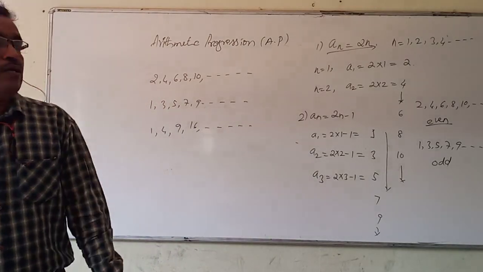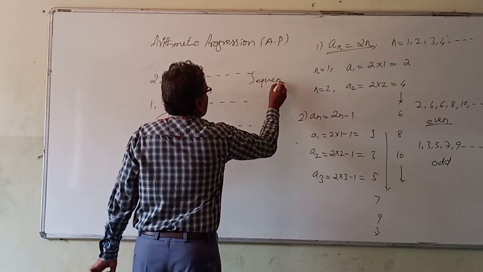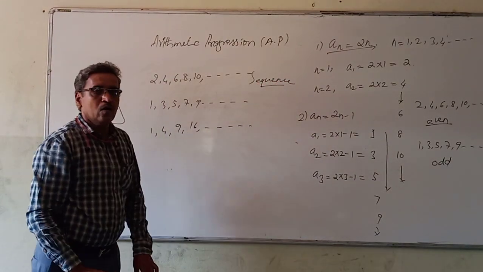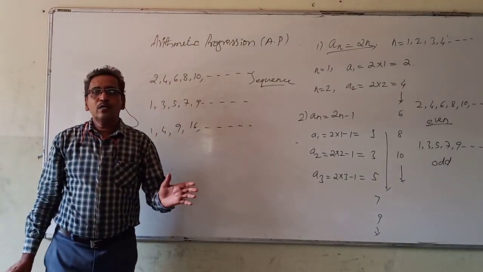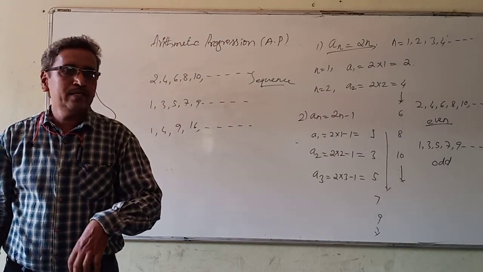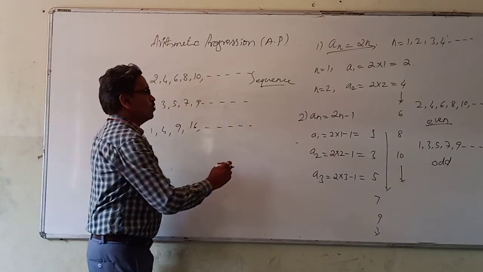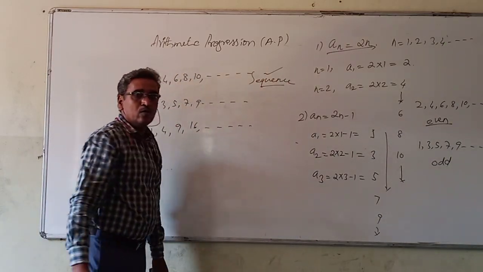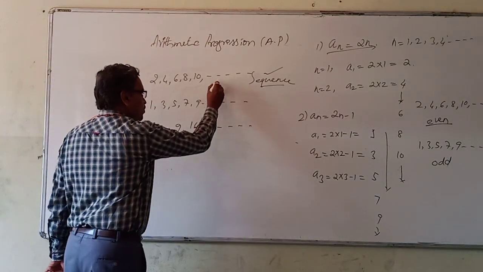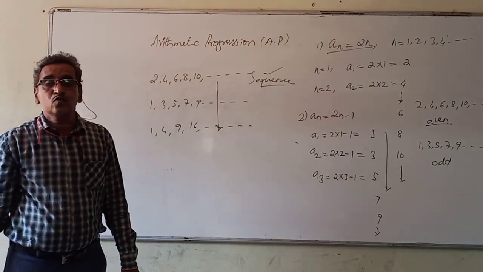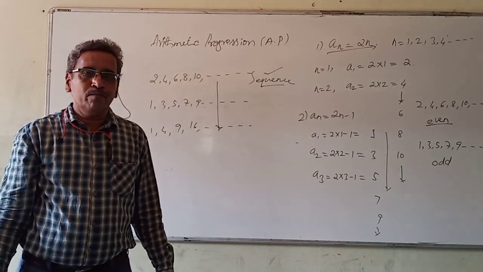So now we are going to define what a sequence is. All these three examples are written according to some particular rule. It means that an arrangement of given numbers according to some particular rule is said to be a sequence. Related to sequence there are progressions, of different types, but for you only one progression is needed, that is arithmetic progression.